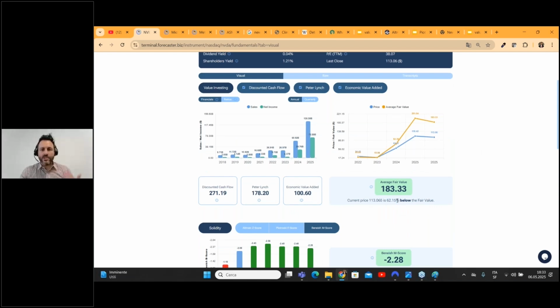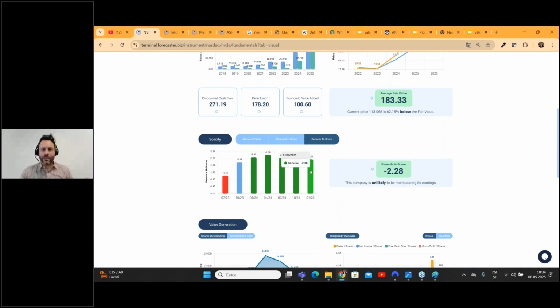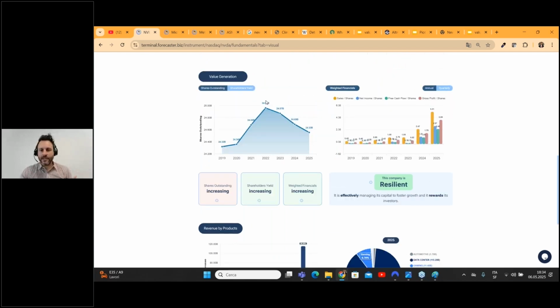We have a company which is very solid, okay, with an Altman Z score of 54, incredible. Piotroski score is good. Beneish score is minus 2.28, which is good. The company is doing great as per efficiency. Look how it's growing. And they are also doing buybacks since 2022. Really nice, amazing company.